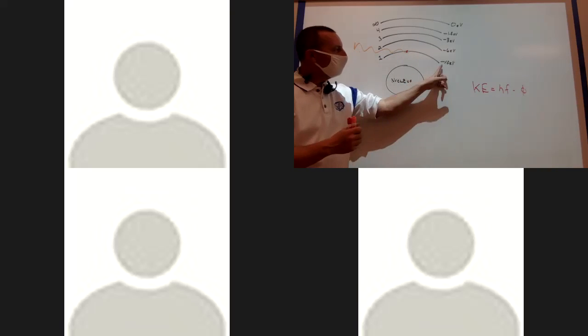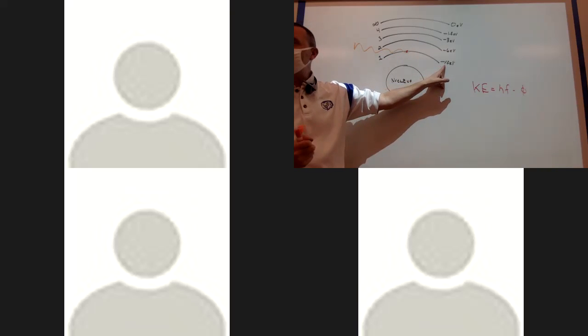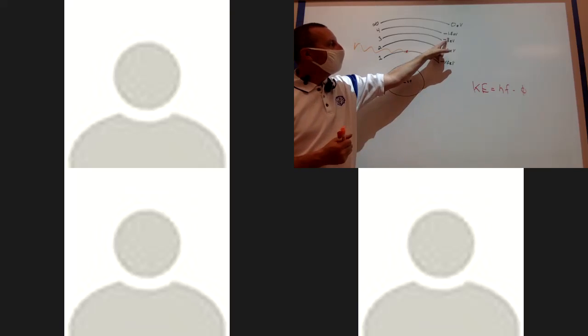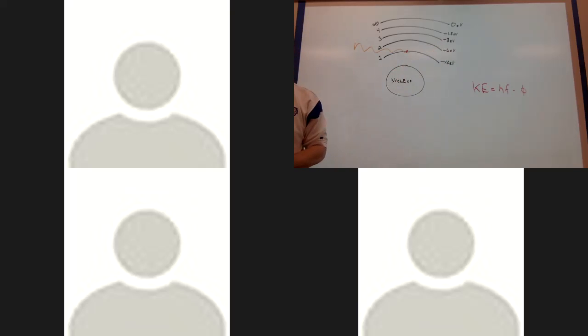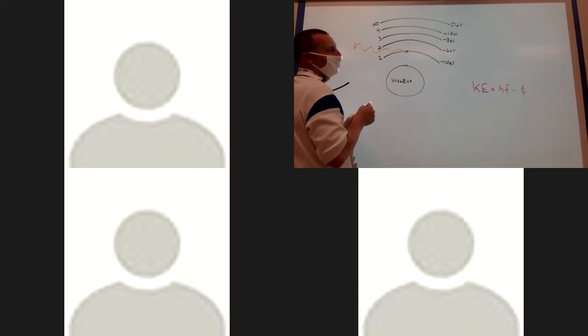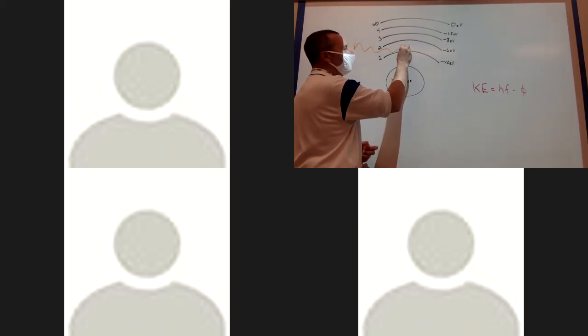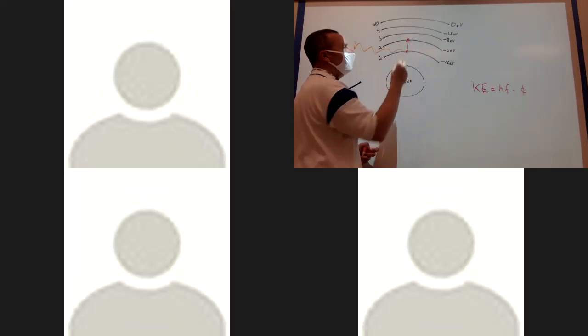So for example, I made up a little thing that you have -10 electron volts at energy level 1, -6 electron volts at energy level 2, -3 at energy level 3. If this incoming photon has 4 electron volts worth of energy, it can bump the electron from -10 to -6, right? That's simple enough.